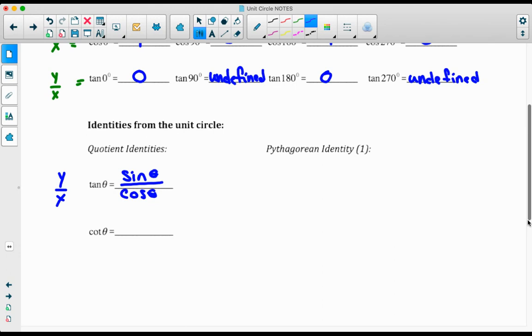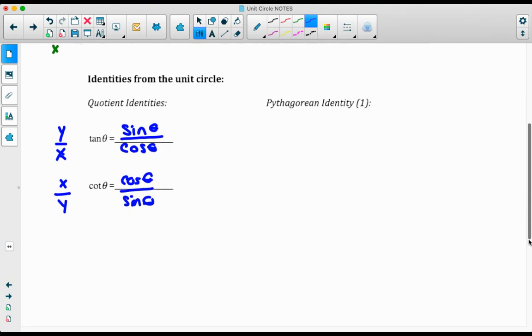In a similar way, cotangent, which is the reciprocal, now becomes x over y, and we end up with cosine theta over sine theta. Very, very important. When we have values of x and y, we can write them also for tangent and cotangent in a similar way.